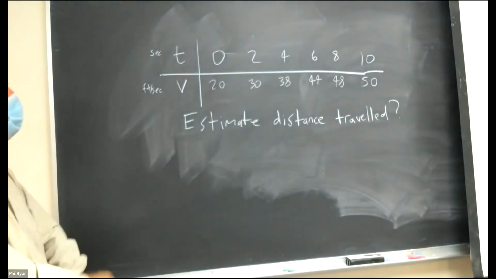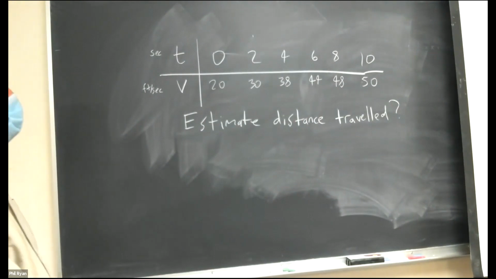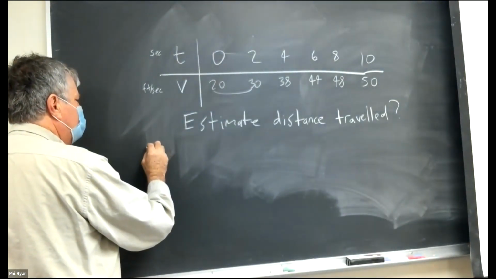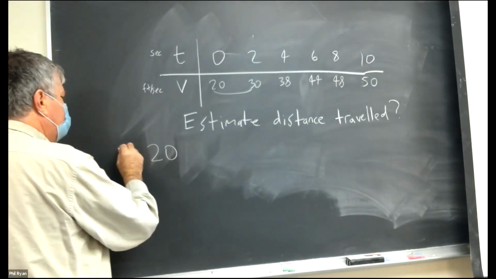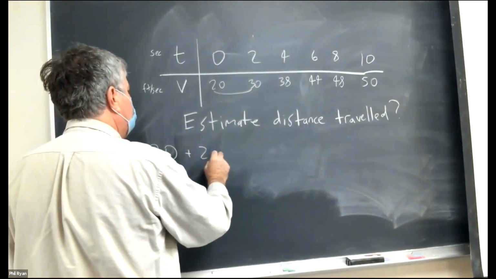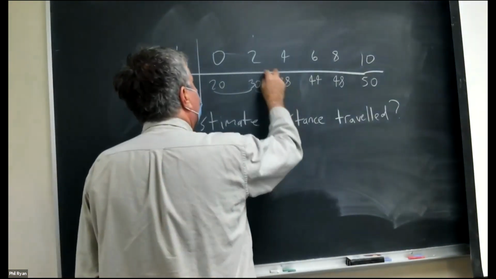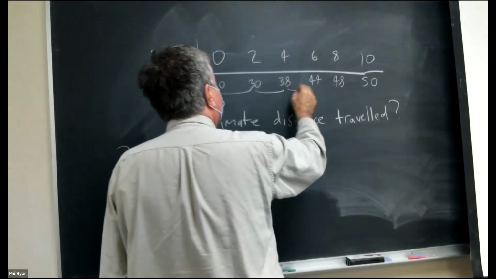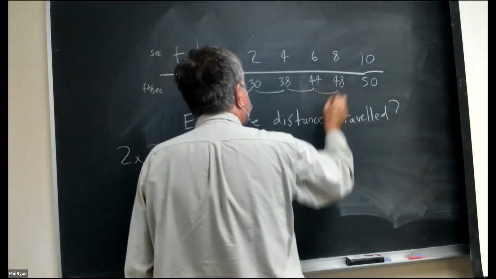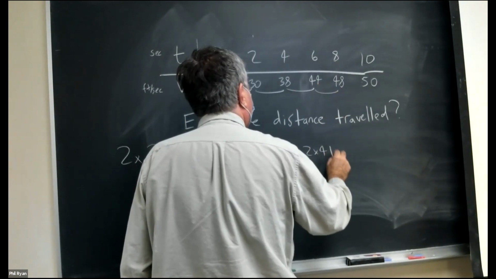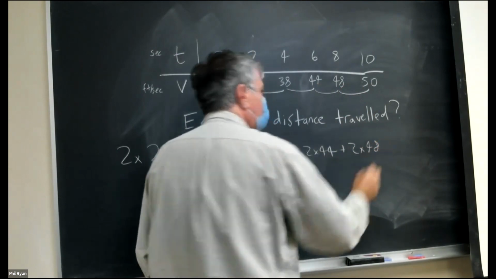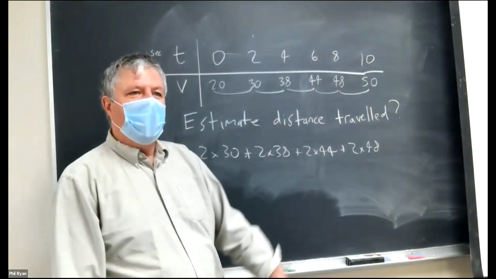We can go about this in various different ways. We can say, for the first 2 seconds, maybe we went 20 feet per second, and so I'll multiply that by 2. Then I've got 2 times 30 for what happened between 2 and 4. Between 4 and 6, I'll say we did 38. Between 6 and 8, 44. And between 8 and 10, 48. This is a legitimate way of estimating.